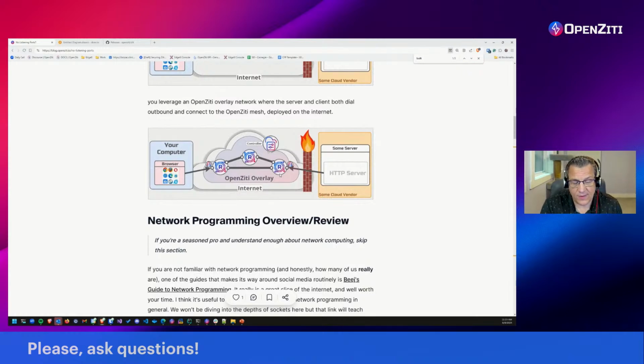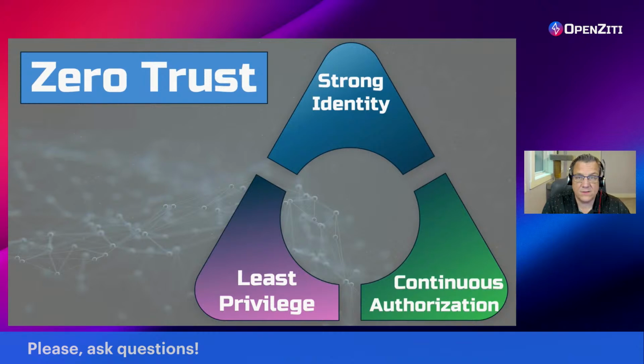After that, there's another principle of zero trust that is relatively important, at least to me and to us here at OpenZiti. Maybe I can bring up this presentation I just gave recently because it has a nice little graphic on it. The next one is continuous authorization.